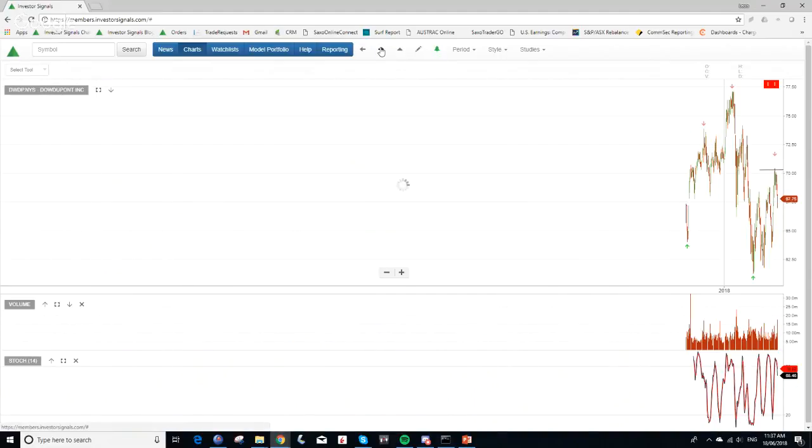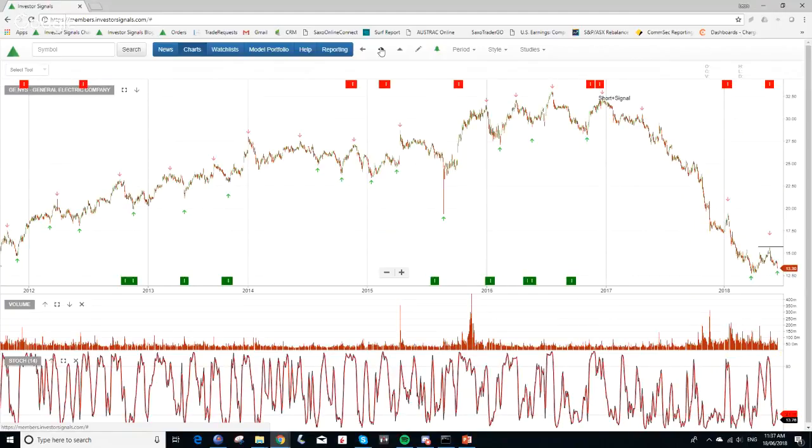GE, so this was obviously one of the, I think it's the stock that's been in the Dow Jones the longest when you're looking at the components of the index today, but the company's had some issues.